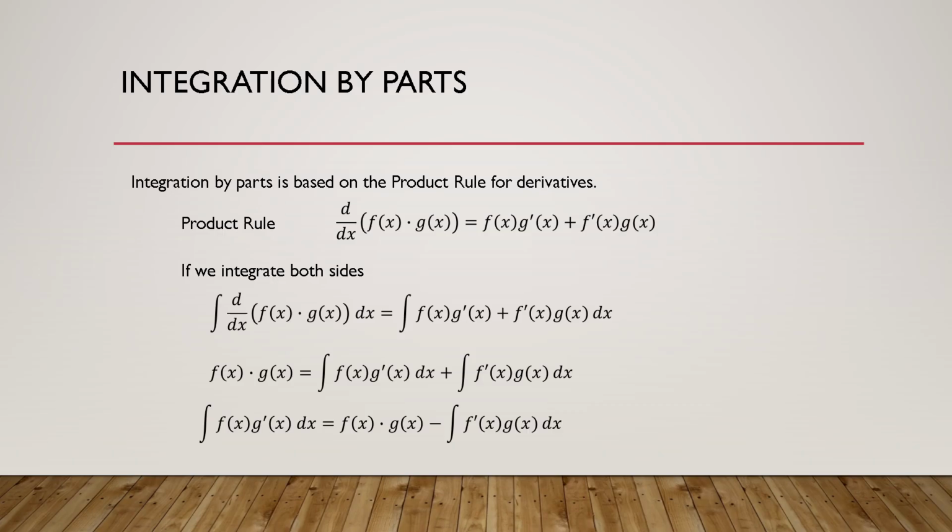We can also derive a shorthand version of this by setting u equal f of x and v equal to g of x. Du will then be f prime of x dx, and dv will equal g prime of x dx. When we replace the values, we get the integral of u dv equals u times v minus the integral of v du.